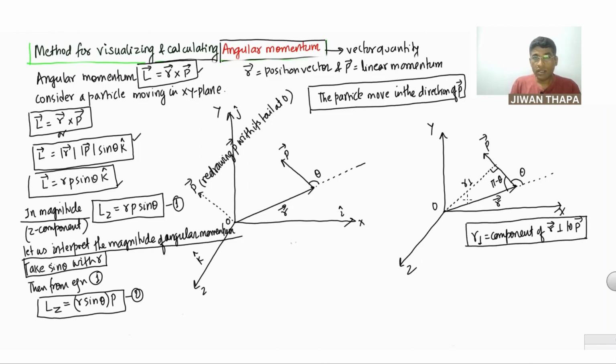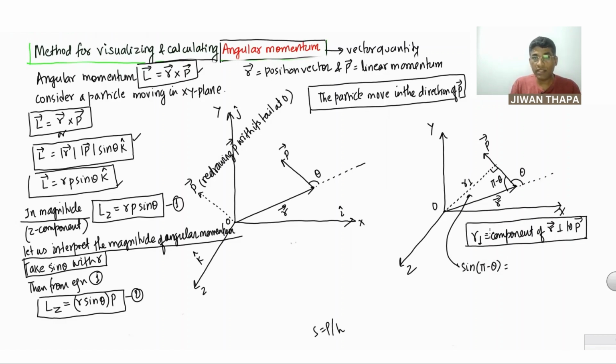Now in this triangle, let us find sine of pi minus theta. We know sine equals perpendicular by hypotenuse.